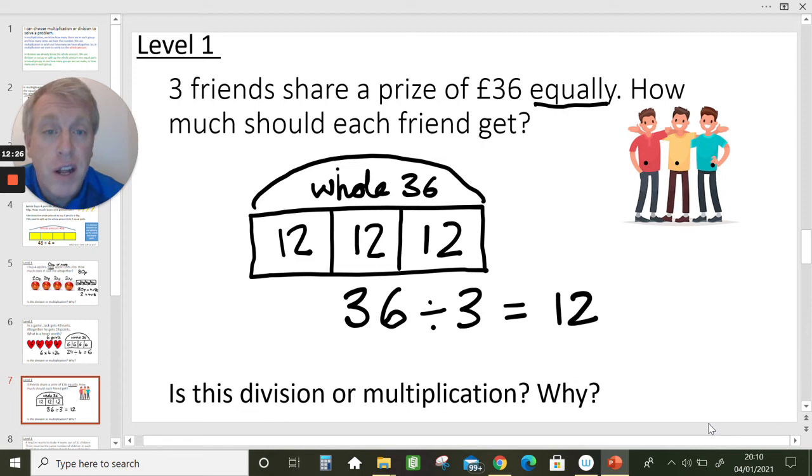How much should each friend get? Don't forget to answer your question. £12. It's dividing. We knew the whole amount. We knew we wanted to split it into 3 parts. We were working out how many in each part.